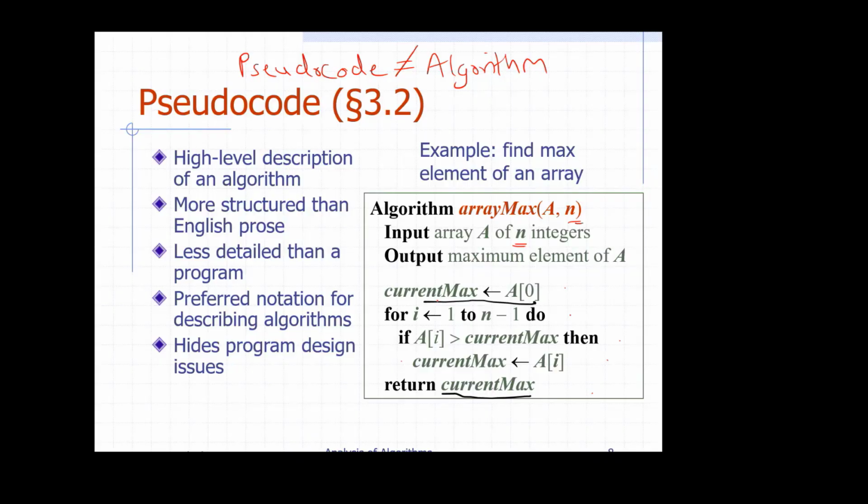So initially we assign A of 0 as current maximum. And then a for loop, which goes from 1 to n minus 1, we are going to compare. So n minus 1 is the index. So our index starts from 0 to n minus 1. So if A of i is greater than max, then you save it as current max and return.